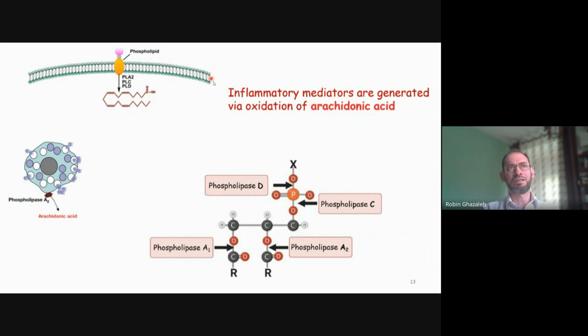So let's look at the phospholipid in a bit more detail. A phospholipid, if you remember from biochemistry, is a diacyl glycerol. You've got a glycerol backbone, which initially had 3 hydroxyl groups on it. 2 of the hydroxyl groups are replaced with a lipid.